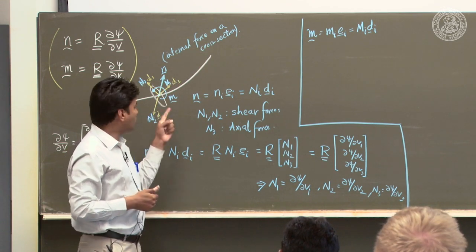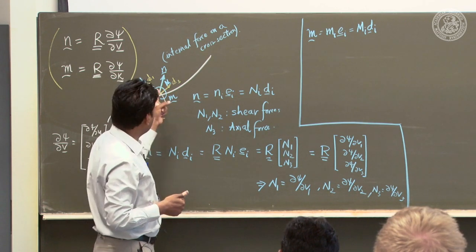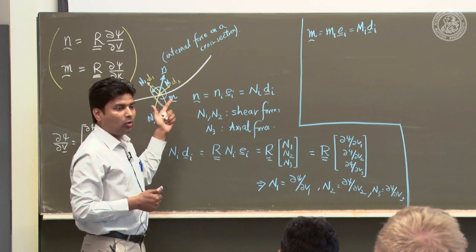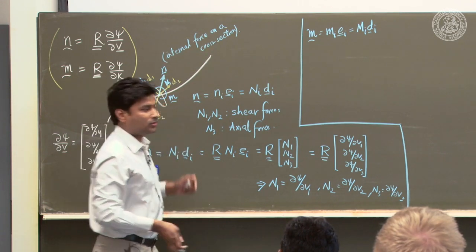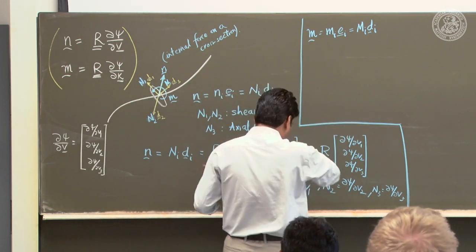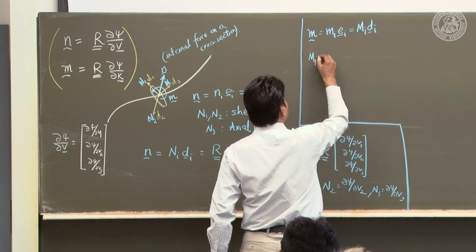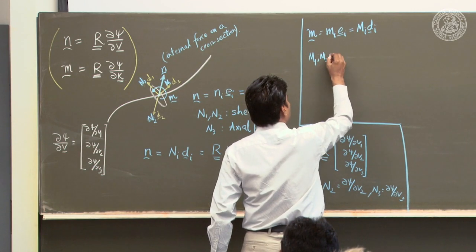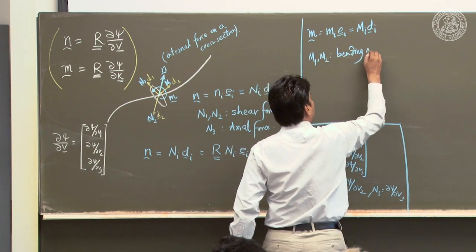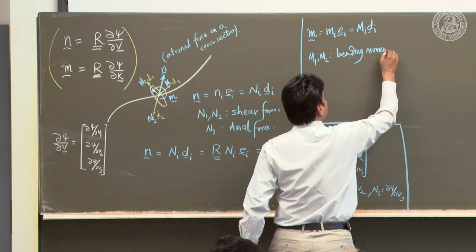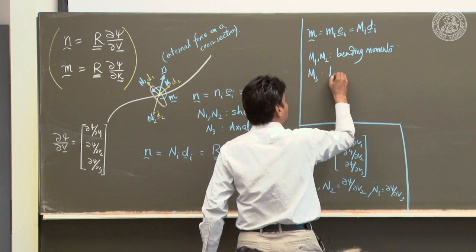So, it is going to locally twist the beam, therefore, it is twisting moment, whereas M1 and M2 are going to locally bend the beam, therefore, it is bending moment, right. So, in the similar way you could also derive that M1, M2 are bending moments, and M3 is the twisting moment.